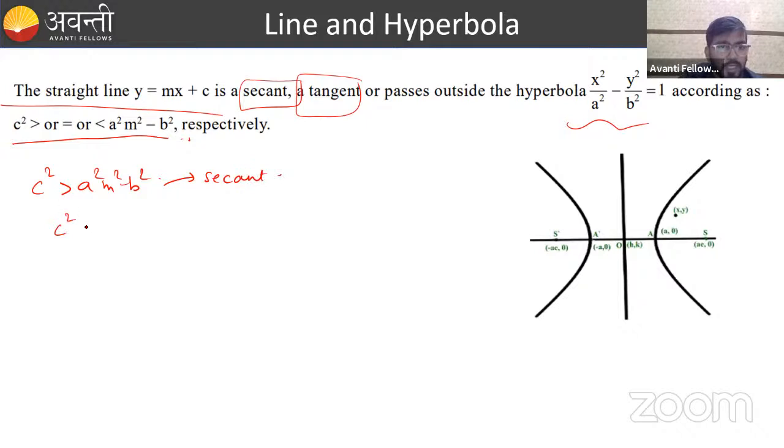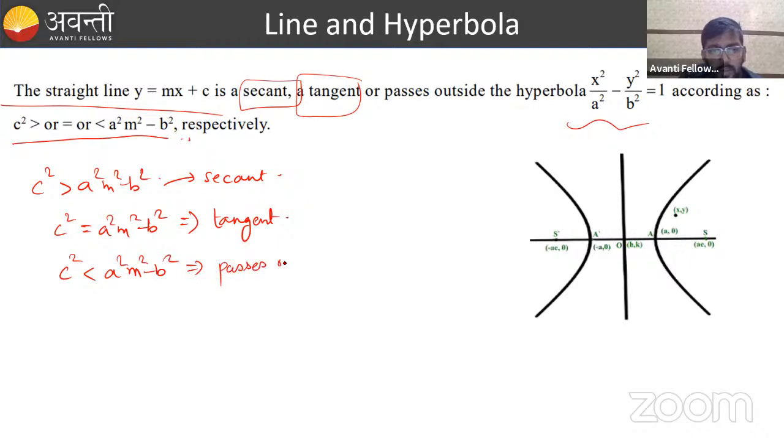If c square is equal to a square m square minus b square, then it is a tangent. And if c square is less than a square m square minus b square, then it passes outside the hyperbola. So please remember these three conditions.